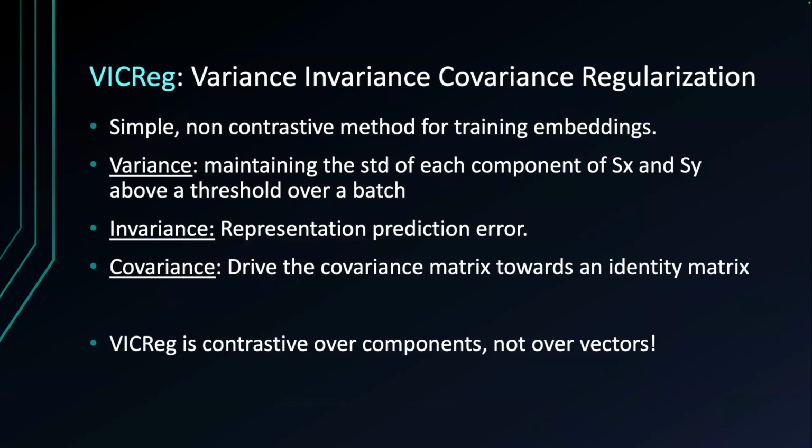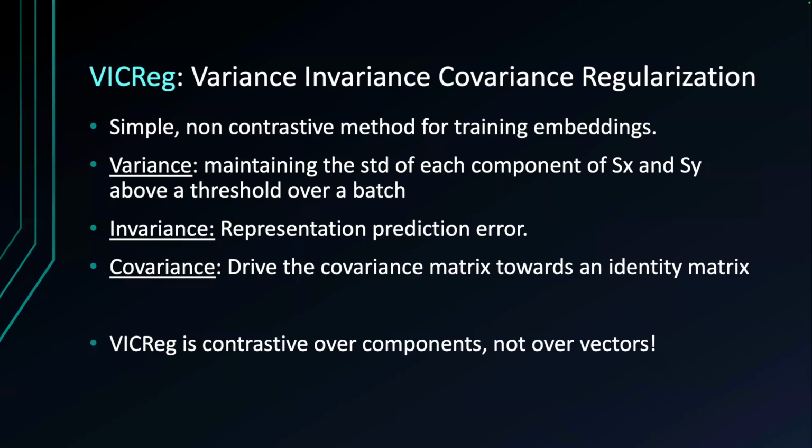It's a non-contrastive method. By variance, what we mean is maintaining the standard deviation of each component of Sx and Sy above a threshold over a batch. So we are calculating variance over a batch. The representations that you are getting over a batch should have a standard deviation over a certain threshold.